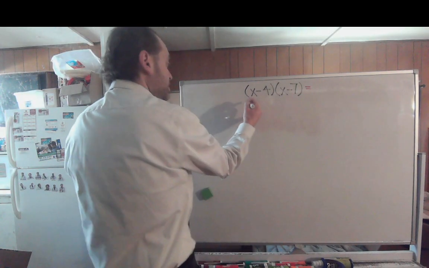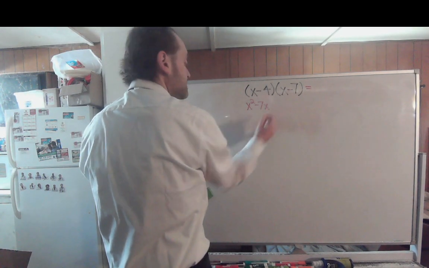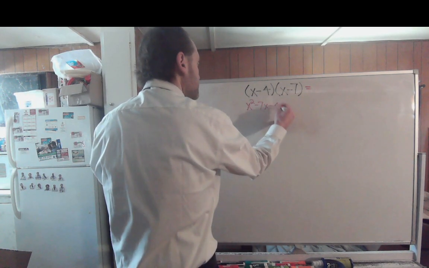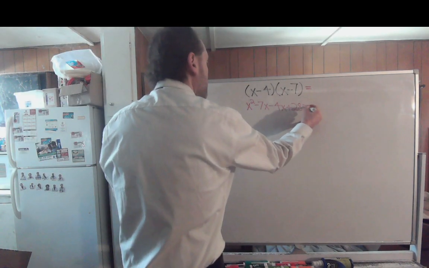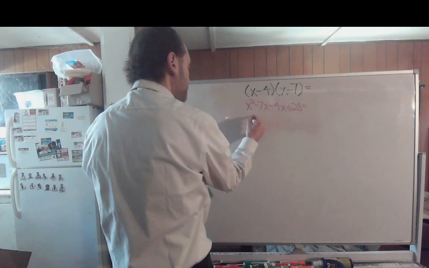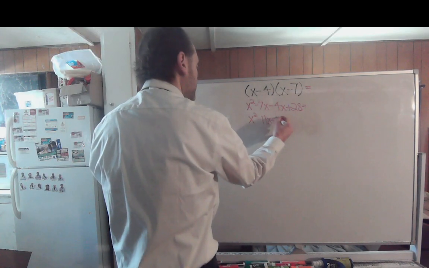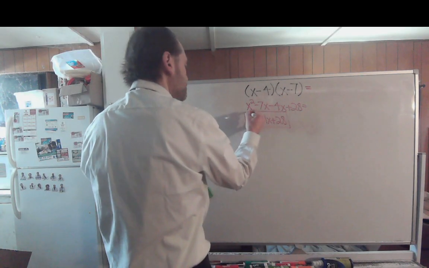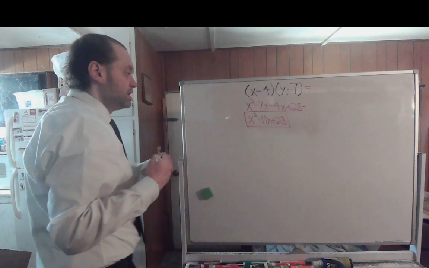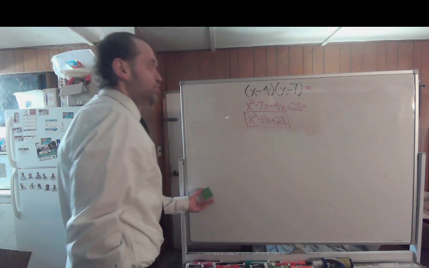So you would get x squared minus 7x minus 4x plus 28, which is simply going to simplify into x squared minus 11x plus 28. So the foiling, that's also pretty easy, right? This is what you should get.